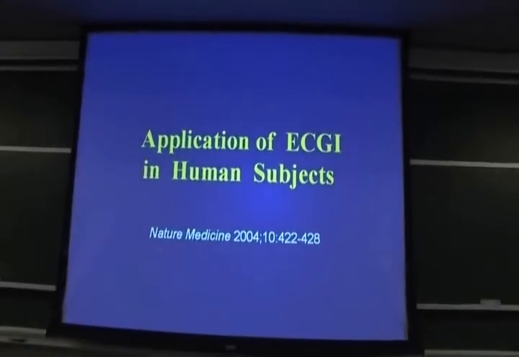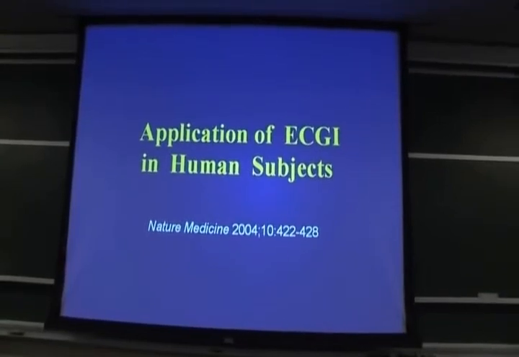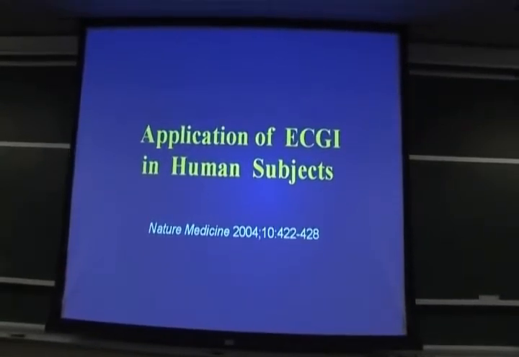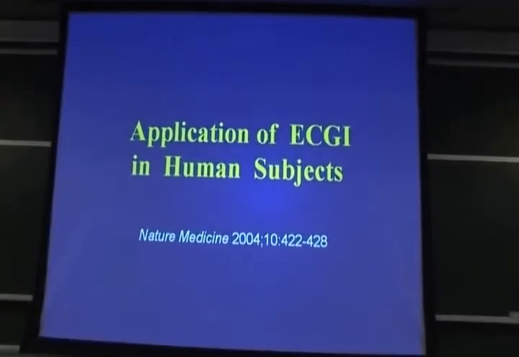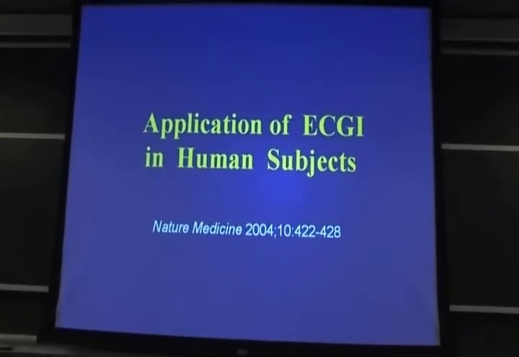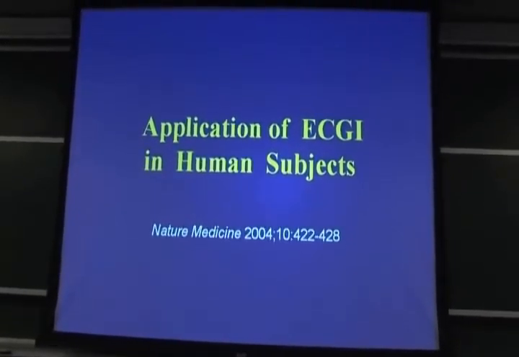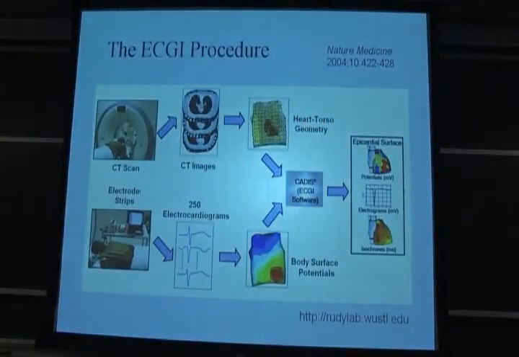The first time we applied it in humans was in 2004, not too long ago. So it took many years of development and validation in animal experiments before we felt safe enough and secure enough to start doing it in humans. And the procedure in humans is the following. First, we take 250 electrocardiograms, and you can see here a sample of them.